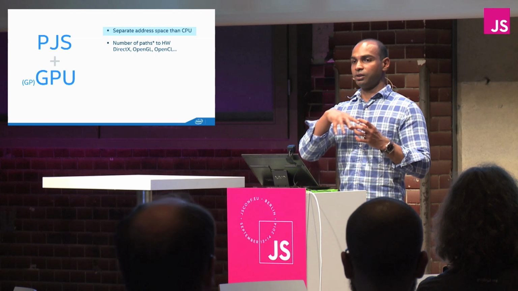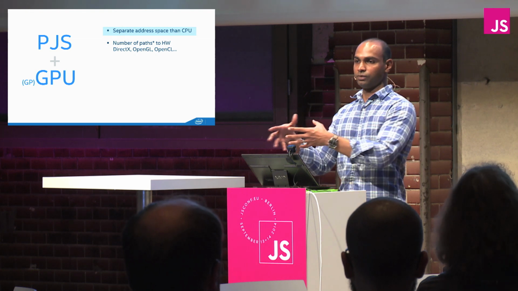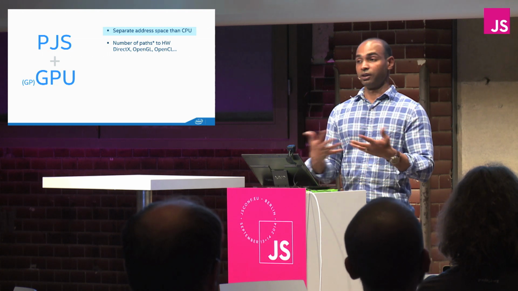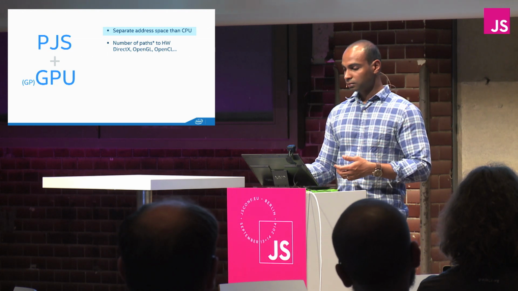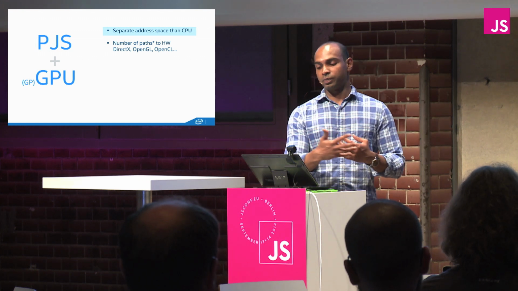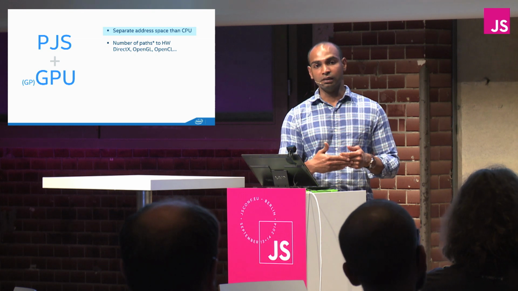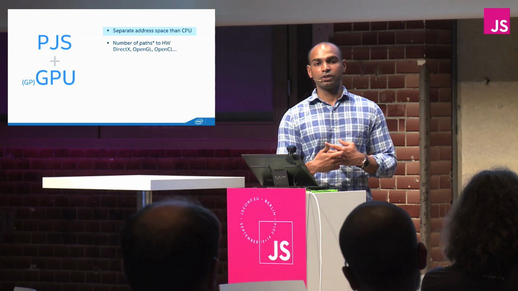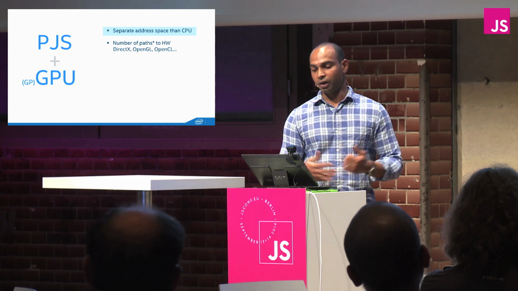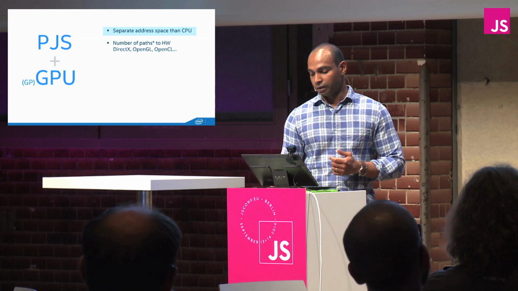So as you can imagine, you can compile a different subset of JavaScript to each of these. So you have to reconcile all of these things together in your browser runtime. So some things that would be possible to express in, let's say, OpenCL would not be possible to express in OpenGL, right? Just because of the programming model. So you have to keep that in mind when you're compiling.